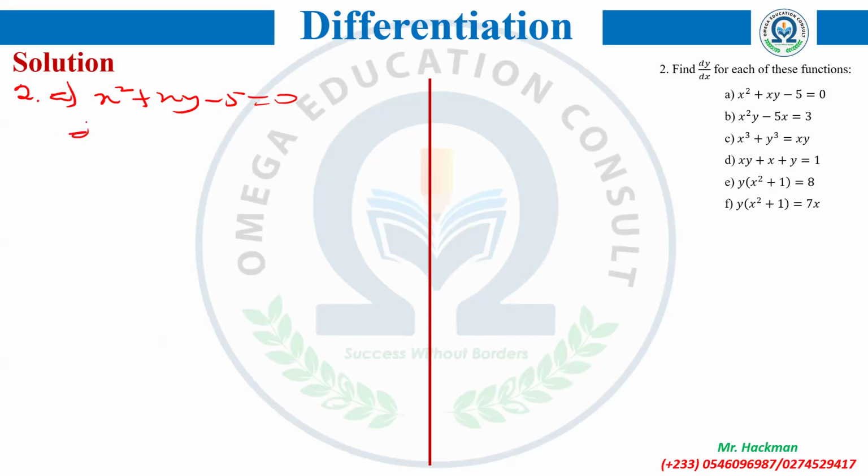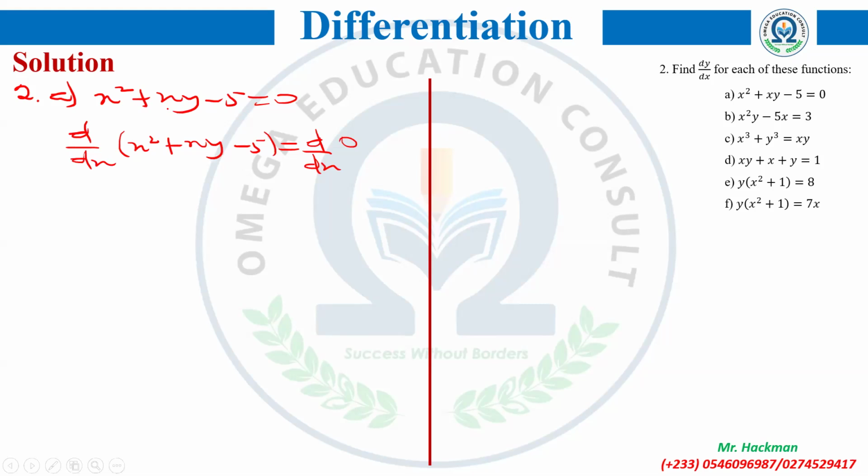It is rather d/dx, the operator, of your function x squared plus xy minus 5, which should be equal to d/dx of 0. Someone can choose to move the 5 here and take d/dx of the minus 5, which is the same thing. You still get 0 here, but I don't want to do that.